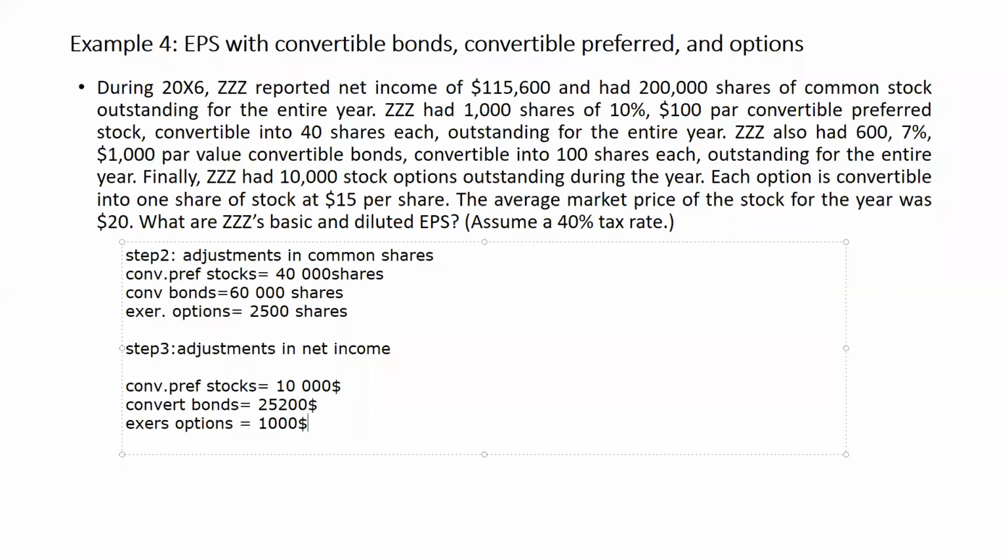Any questions, guys? The last $1,000 from exercising options, do you remember what the criteria for options and warrants was, and how it affects the numerator?